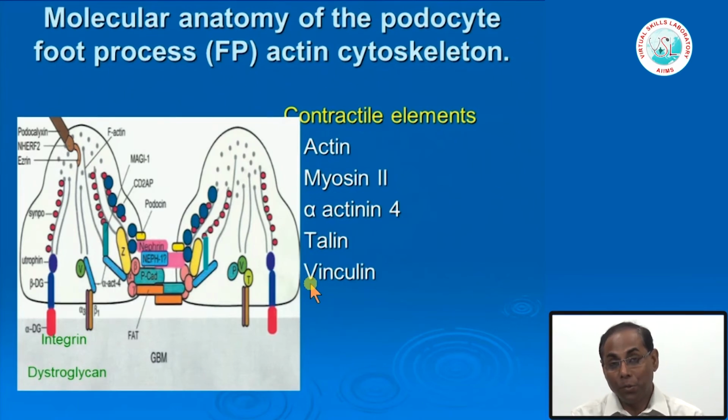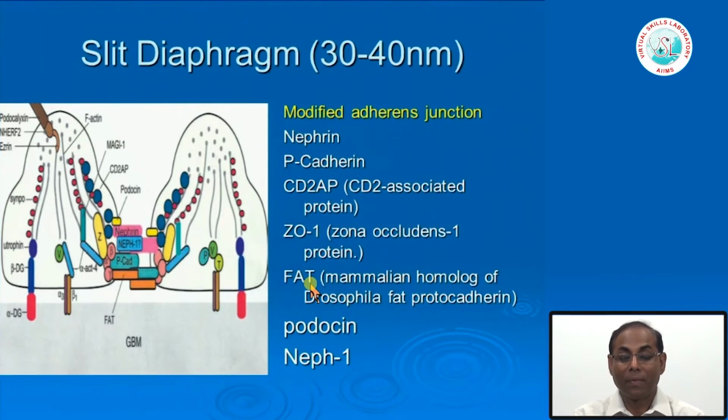And then myosin 2. Myosin is there in a lot of the muscle, but they are there also in fibroblasts, and they are also in the podocyte. Alpha-actinin-4, talin and vinculin. So these are actually the contractile elements of the podocyte, and they form the actin cytoskeleton, which is very important to maintain the structural integrity.